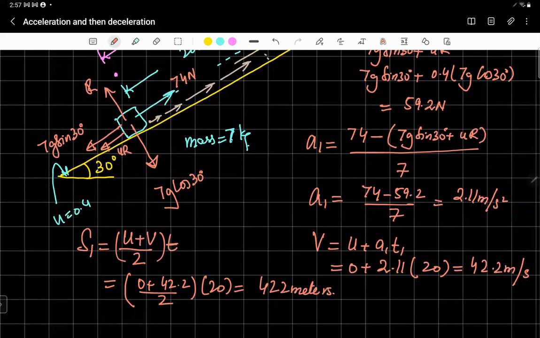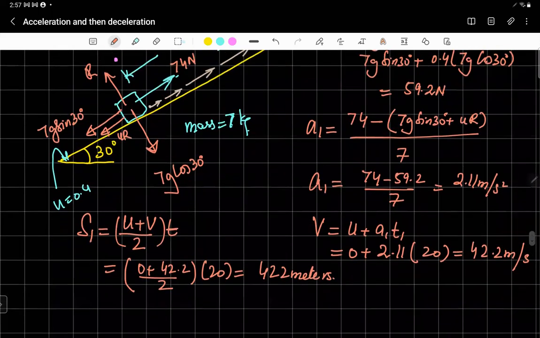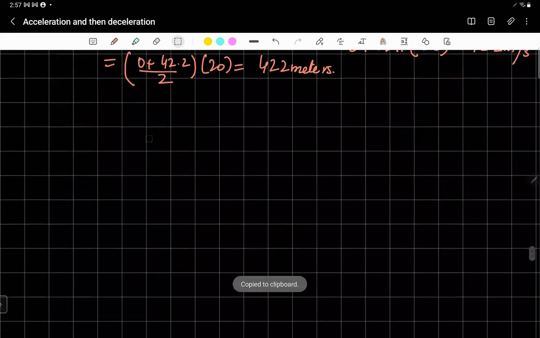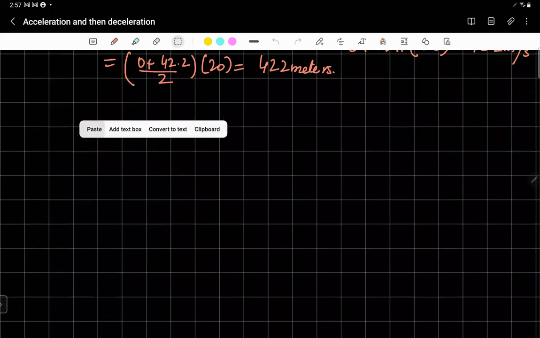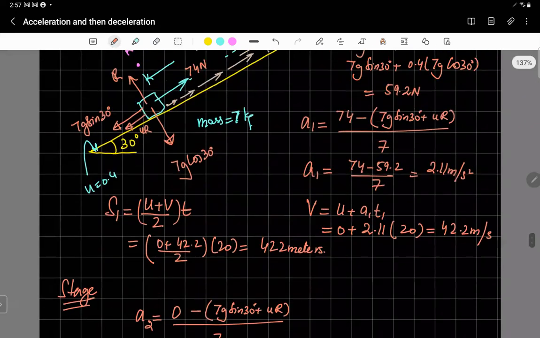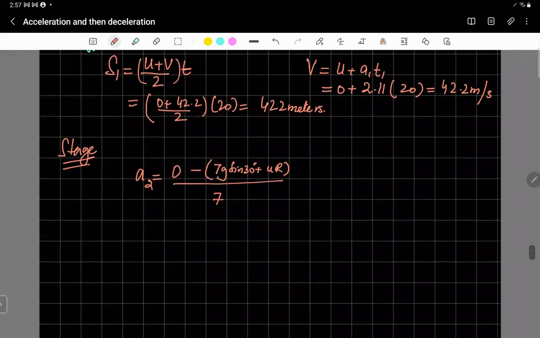Now when this 74 Newton stops acting, what is the new acceleration in stage 2? You put a 0 over here for the 74 Newton and then we change the subscript. This is the new acceleration, stage 2, because the driving force 74 Newton is not acting.